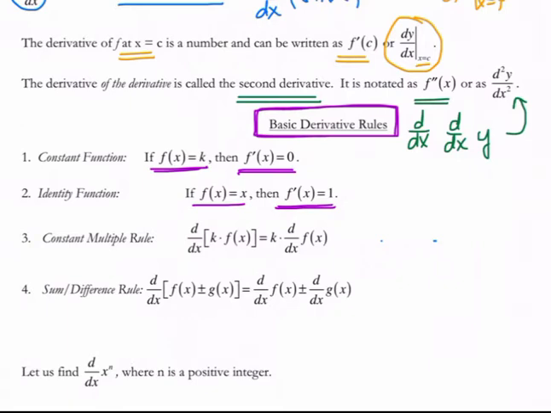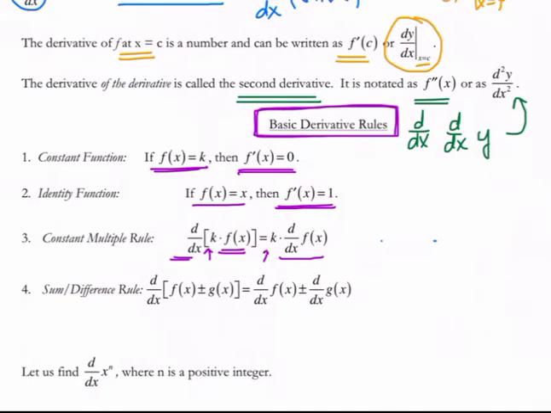The constant multiple rule says that if you have a function that's being multiplied by a constant, and you want to take the derivative of it, what you can do is take the derivative of f of x and just multiply it by that constant.